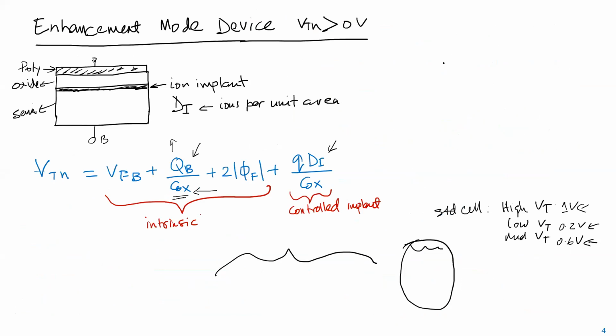That we can also change with the help of the COX, because HVT is high threshold voltage but it is less leaky also. Right, HVT is high threshold voltage and less leakage. And LVT is fast but it is highly leaky also.